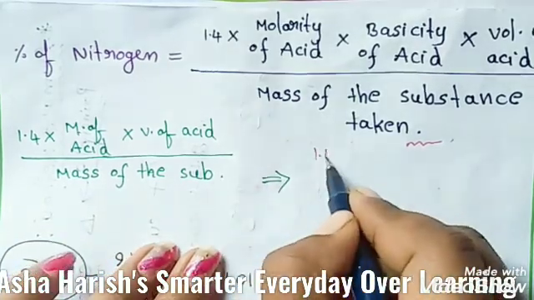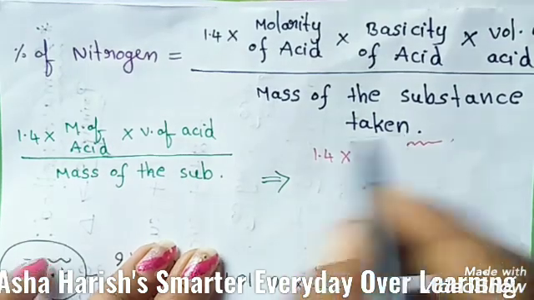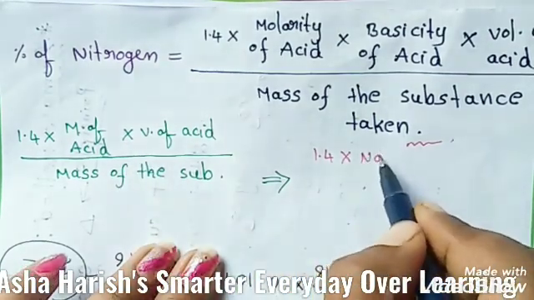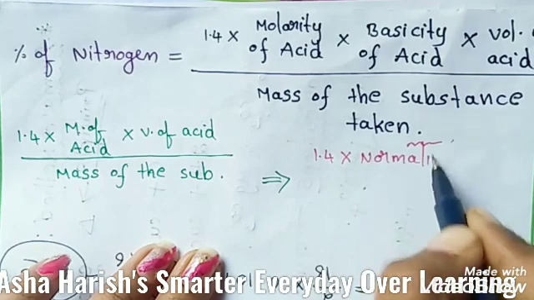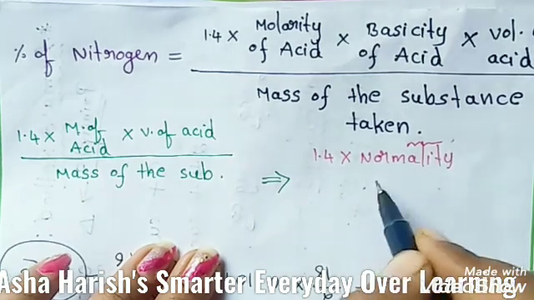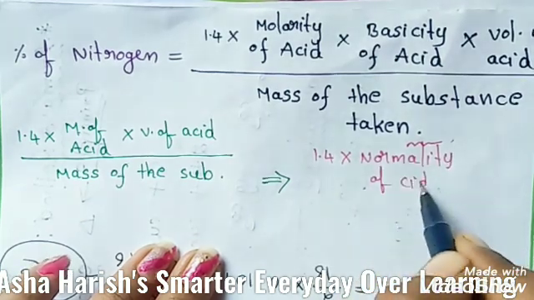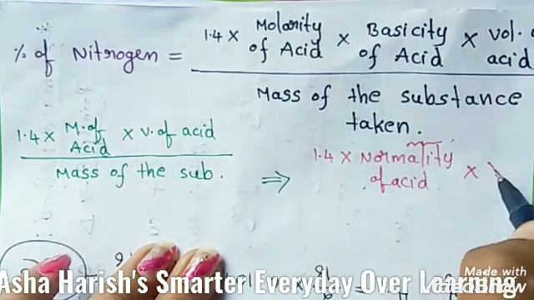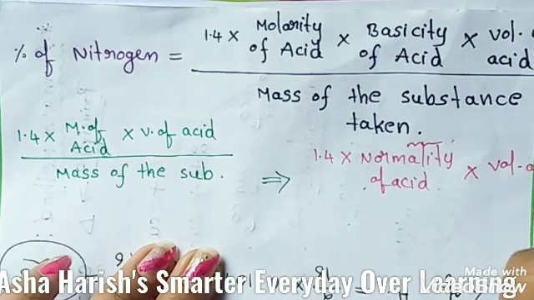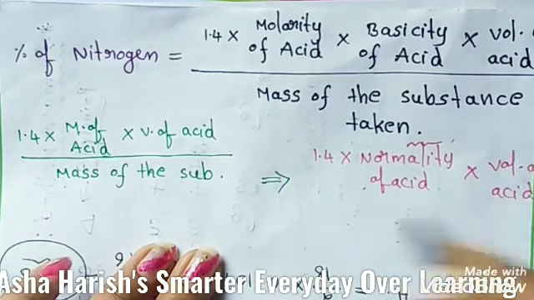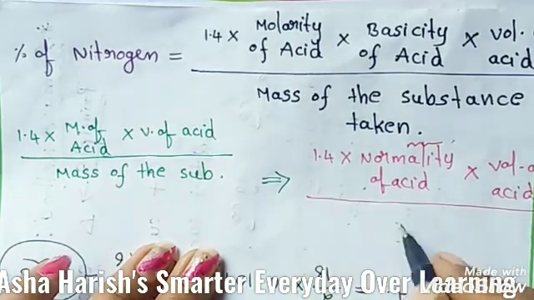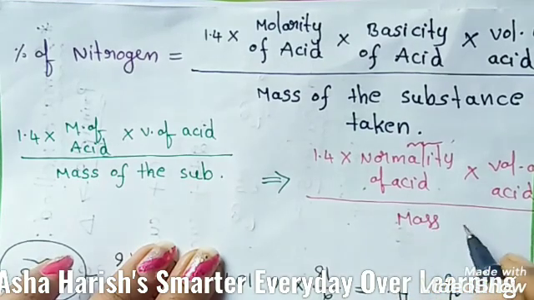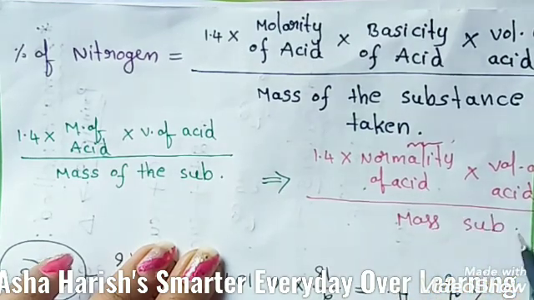And also you can write this 1.4 into, in the place of molarity you can take normality also, no problem, normality of an acid into volume of acid, same volume of acid what we have taken, by the mass of the substance taken.